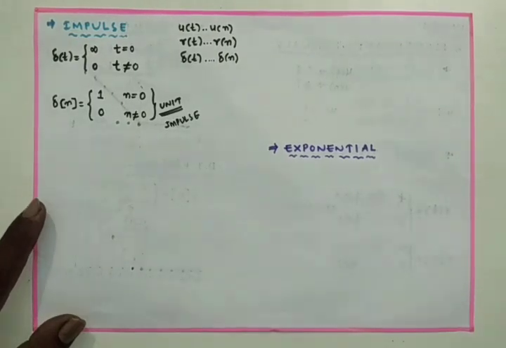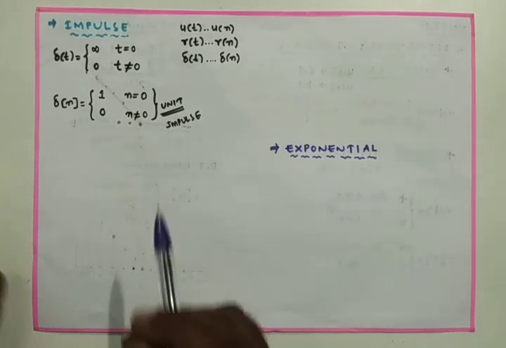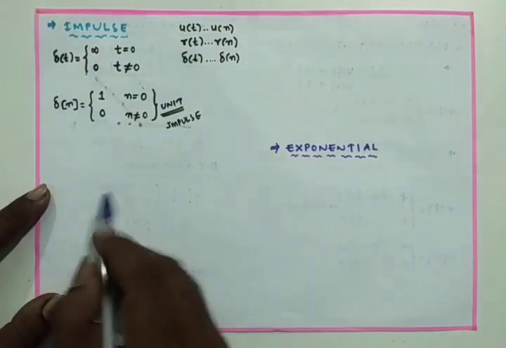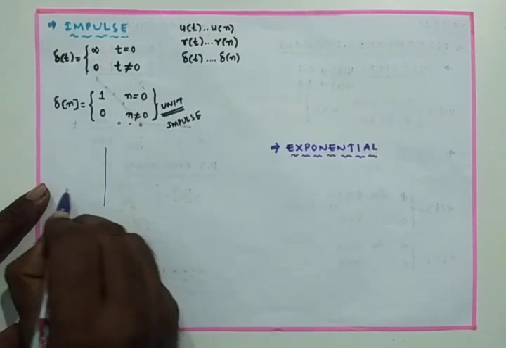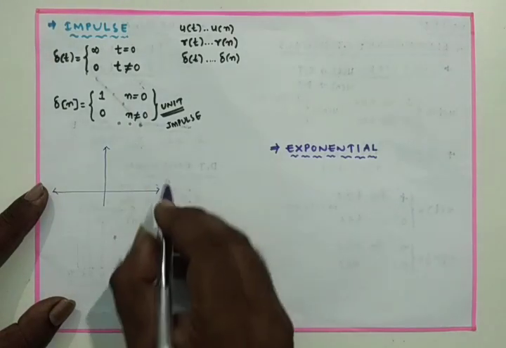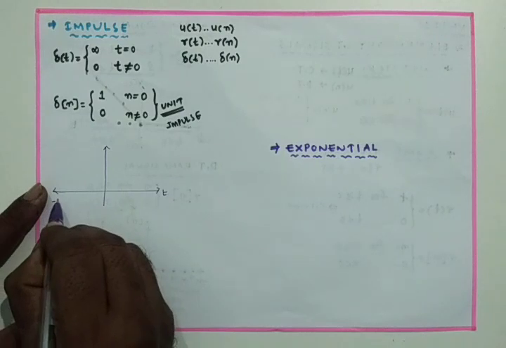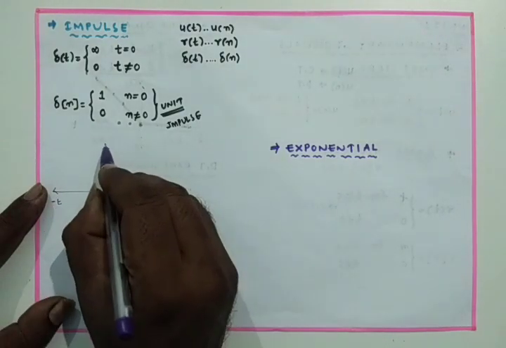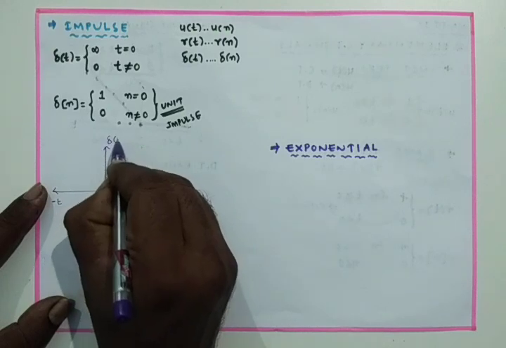Based on the mathematical representation, we can draw the continuous time impulse signal as well as the discrete time impulse signal. I am going to draw the continuous time impulse signal, that is del of t. This is the x-axis, this will be the y-axis. The x-axis is used to represent the time t, and the y-axis is used to represent the signal amplitude, that is del of t only.